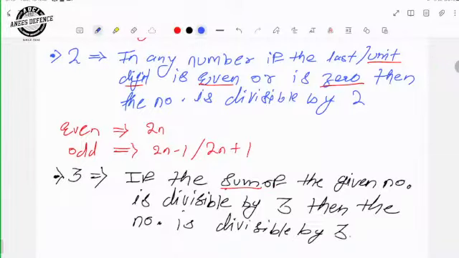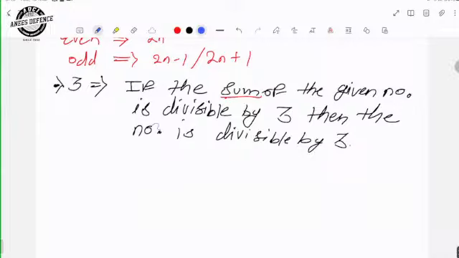For example, you have the number 693, and you should check whether the number is divisible by 3 or not.